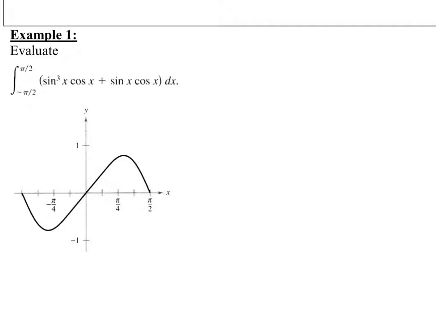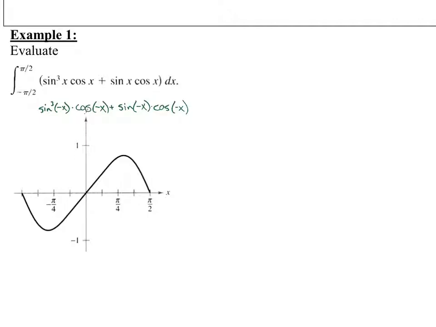Okay? So if I do a sine of negative x cubed times cosine of negative x plus sine of negative x times cosine of negative x. Think about the sine and the cosine functions all by themselves. Sine by itself is what kind of a function? Odd. It's an odd function.